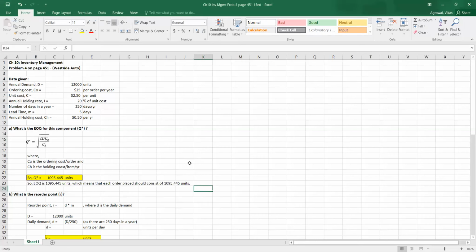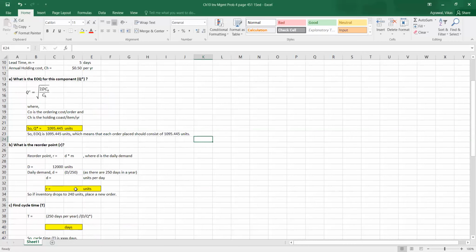That's a very tricky problem because you want to maintain a high customer service level. So the whole idea here is we want to minimize the inventory management cost while maintaining a satisfactory level of customer service. So this tells me that if you place an order each time with the quantity equal to 1095.445 units, this will help you minimize your inventory management cost per year.